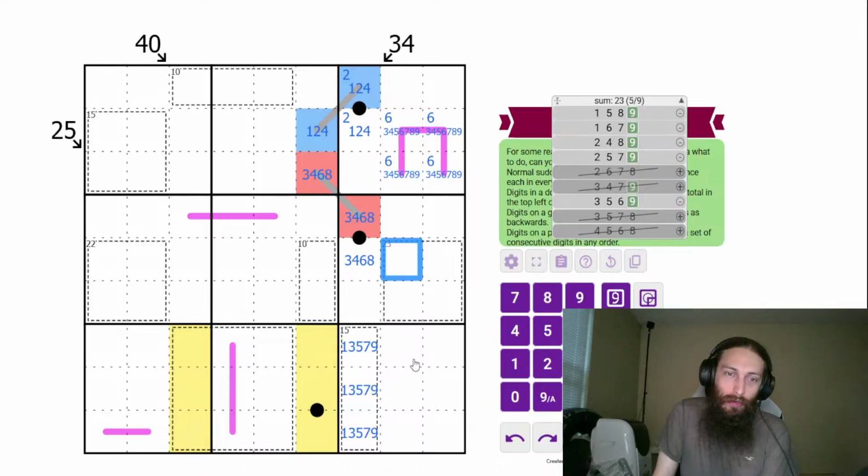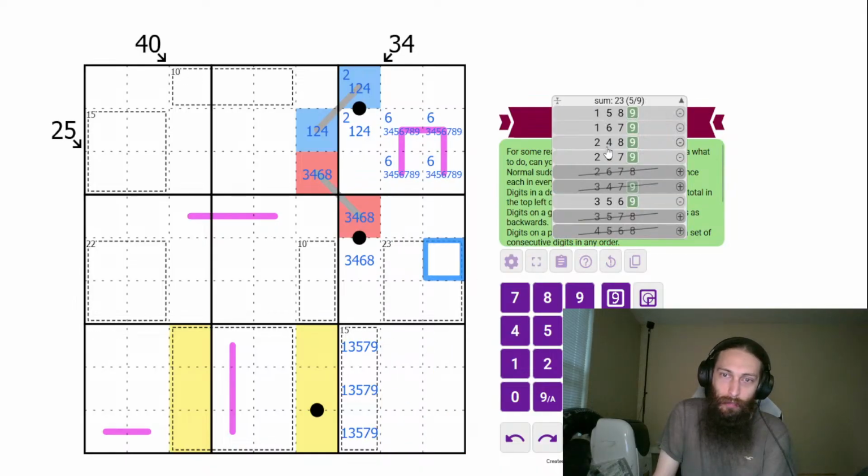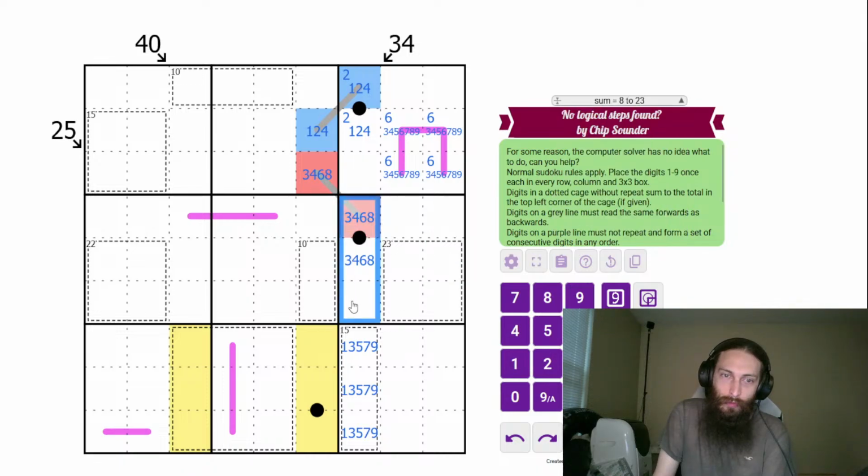However, one thing we do know is the 6s down here line up with the 6s here, so we can't put a 6 in this box. So we do know that 6 is in one of these 3.